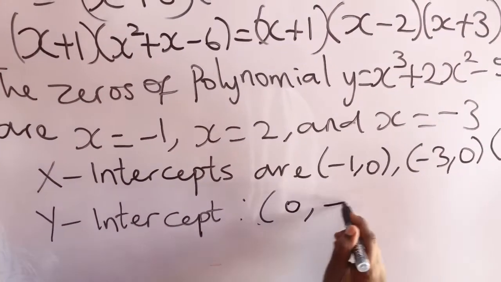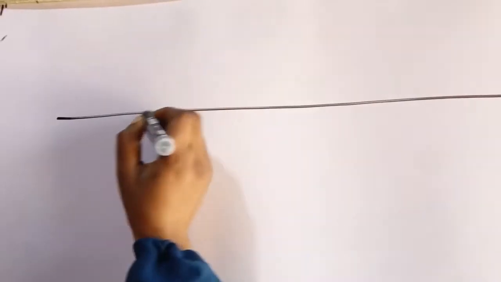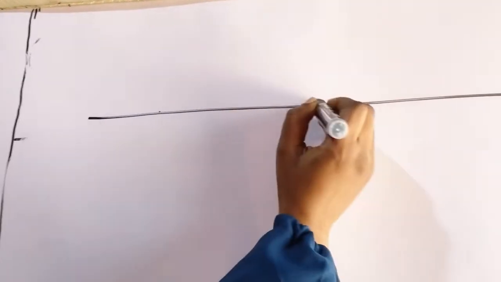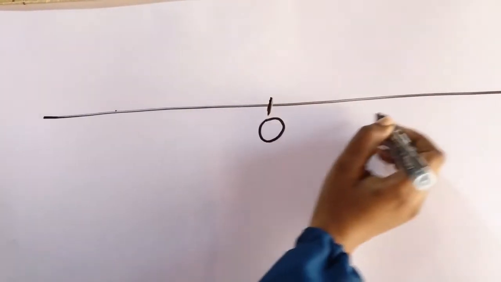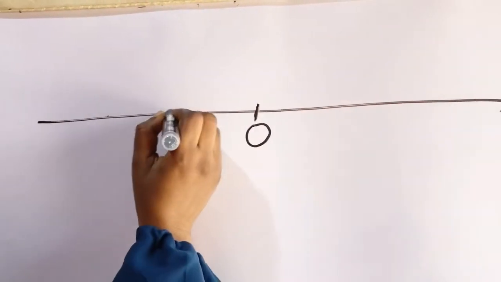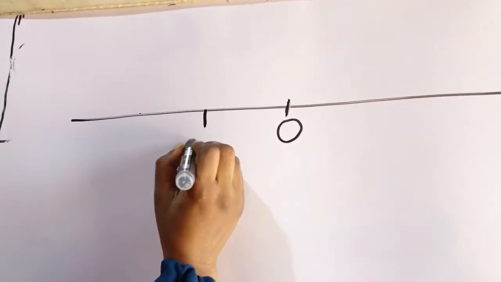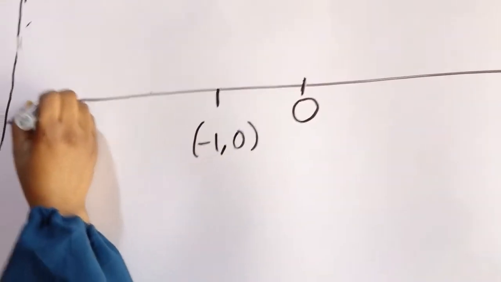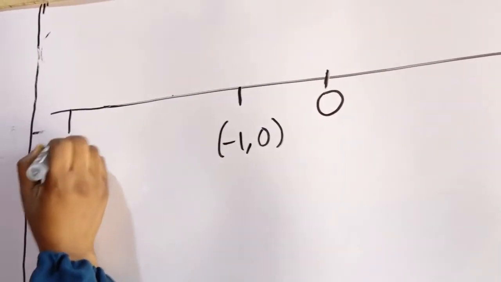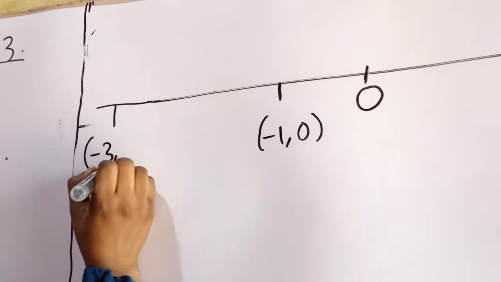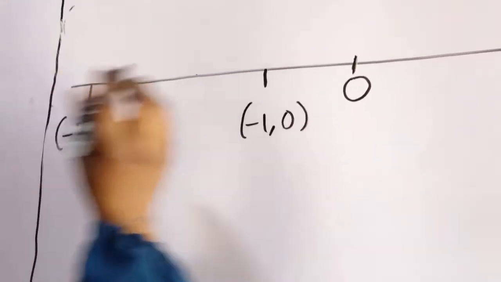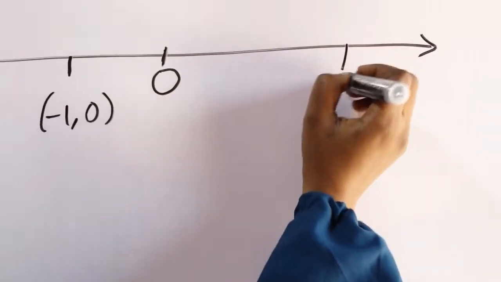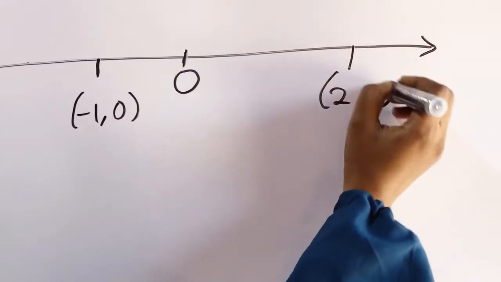On the x-axis, this place is the center 0, and here will be the point minus 1, 0. Then let this place be the point minus 3, 0, and this place be 2, 0.